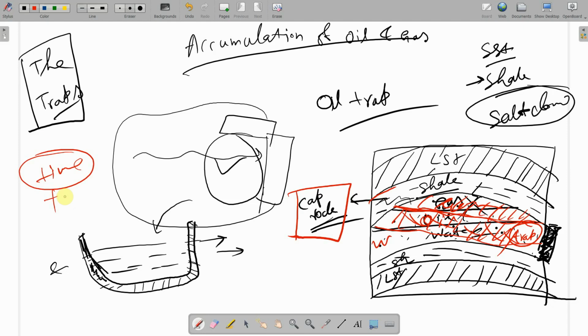Now we'll learn how many types of traps there are, what the classification is, how we could classify traps. Traps could be structural traps, stratigraphic traps, or a combination of structural and stratigraphic traps.